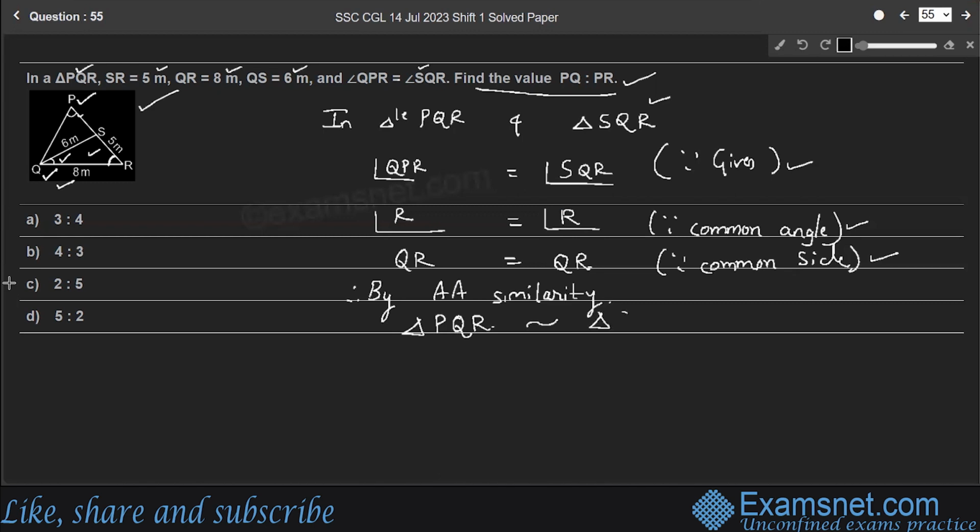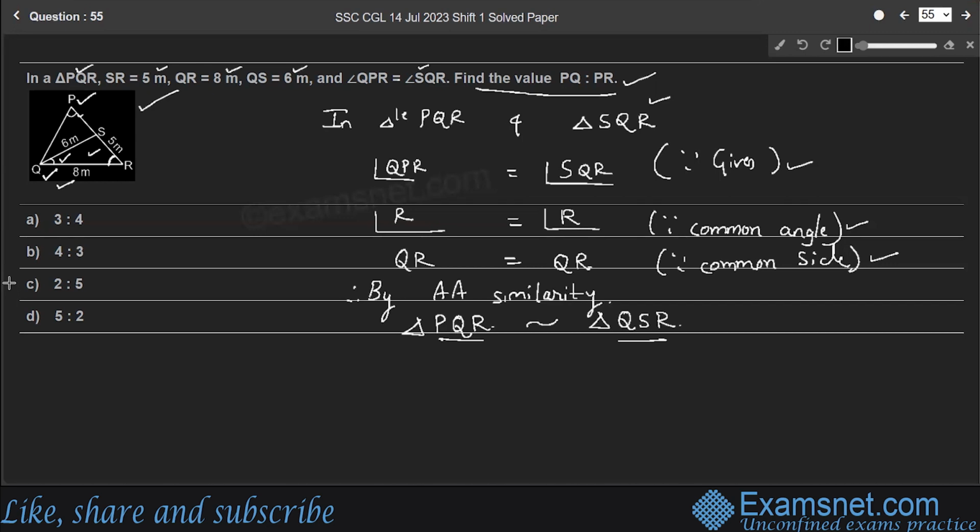So triangle QSR. We have to write according to the order. So PQR is similar to triangle QSR. If two triangles are similar, ratio of the corresponding sides and angles are equal.